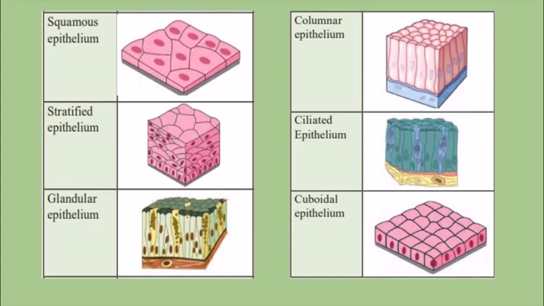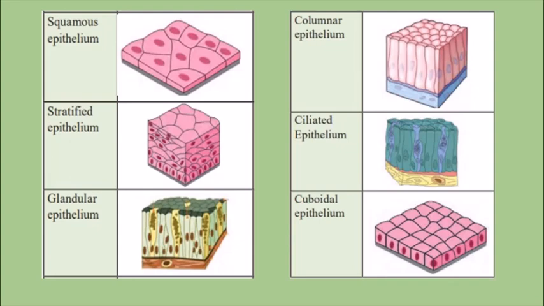Here the upper free surface of the cells bears minute hair-like structures, that is why they are called cilia, that is ciliated. These are present in the inner surface of our respiratory tract and help to push the mucus and the air forward to keep the air passage free.